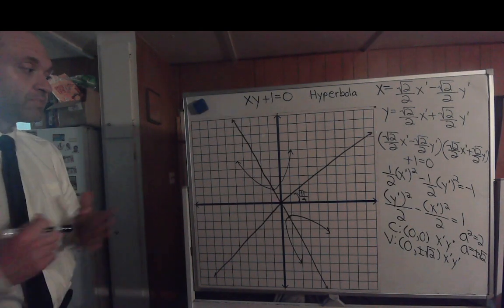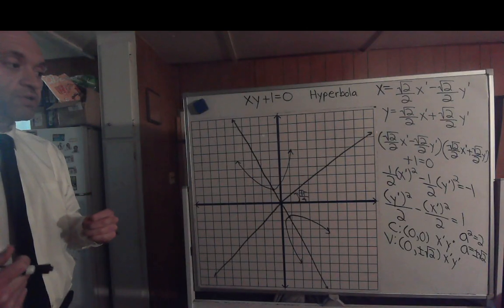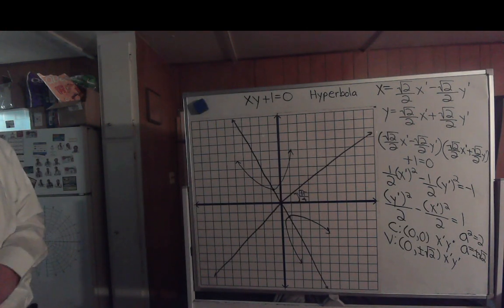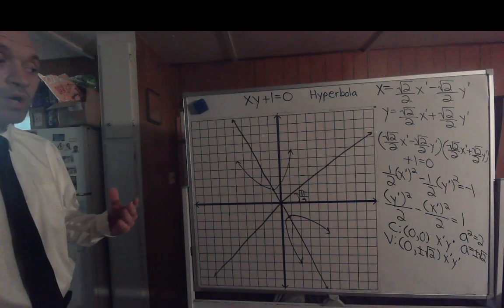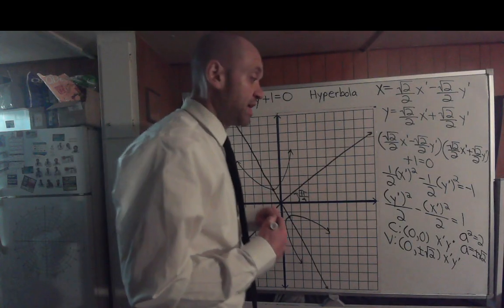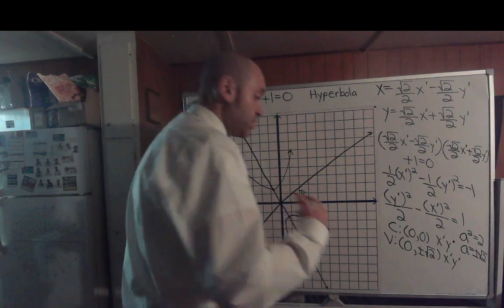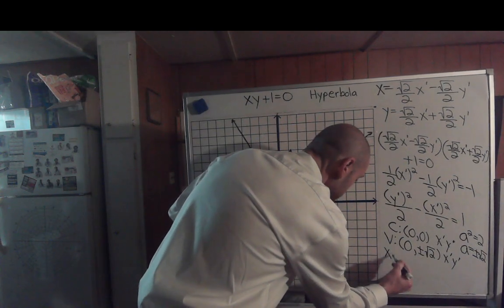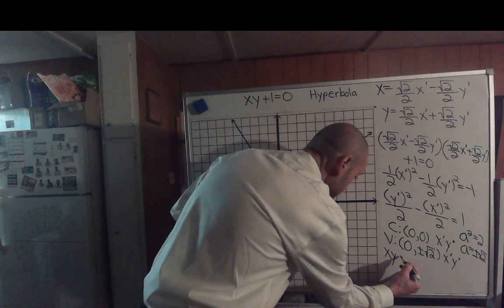Now, if it helps you, it's also good, and it's often going to be asked, what is the xy equivalent? Well, all you have to do to find the xy equivalent, let's find the center for that.